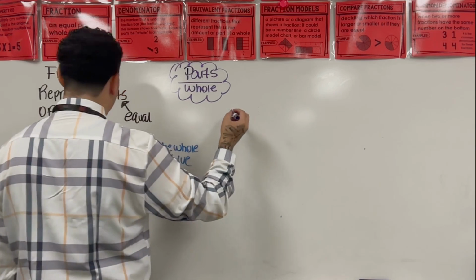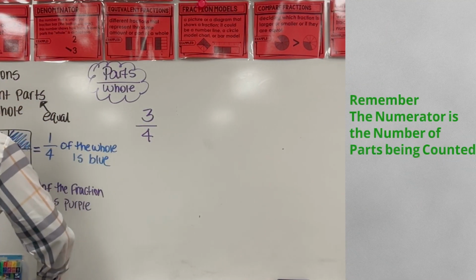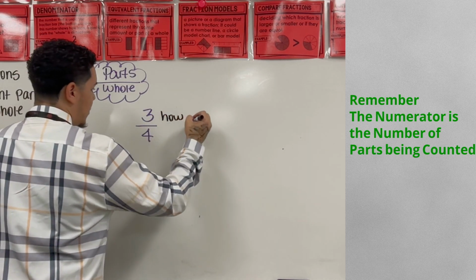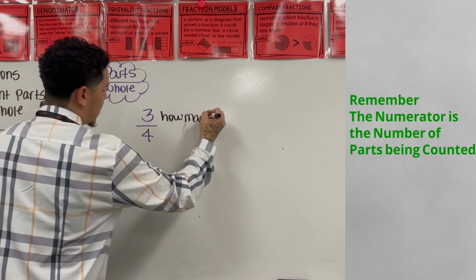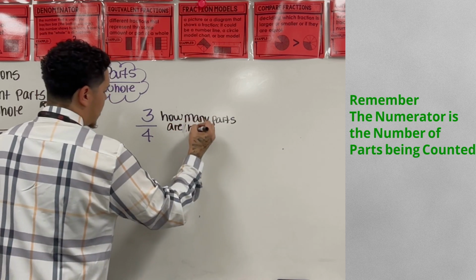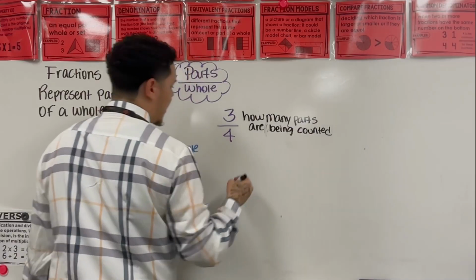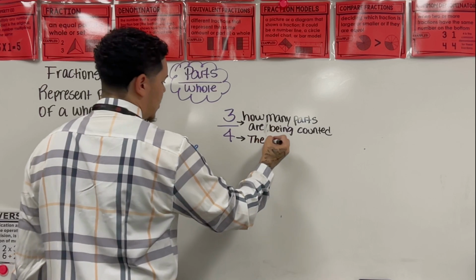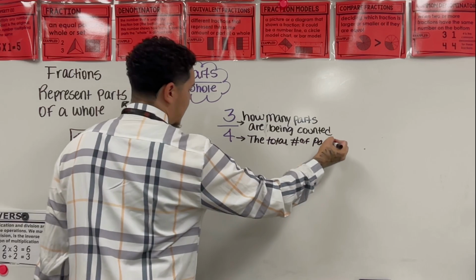So take a look here. If I have 3/4, what you need to remember is that the 3 represents how many parts are being counted, and the bottom number is the total number of parts.